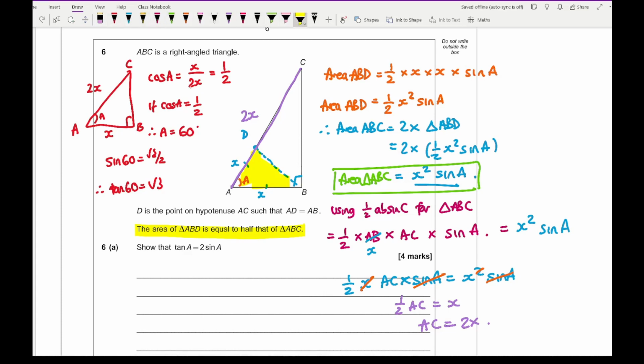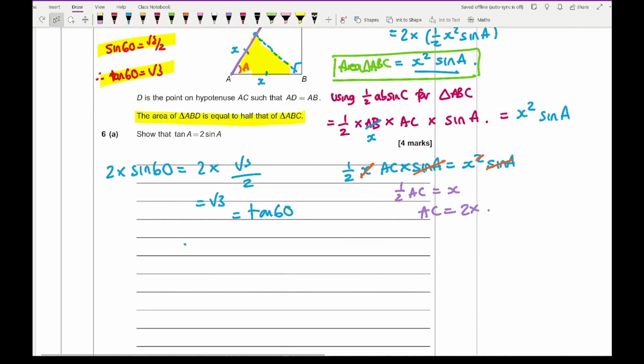So if I do 2 lots of sine 60, that's going to be 2 times root 3 over 2, which is just root 3, which is equal to tan 60. So therefore what I've proved is what they wanted me to show, so tan A equals 2 sine A.